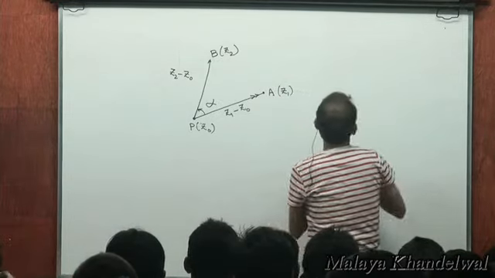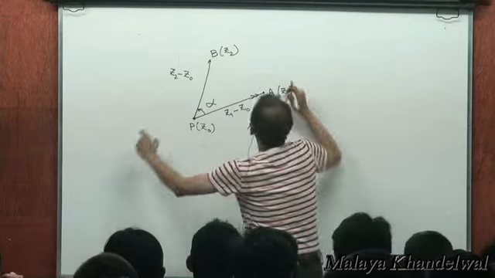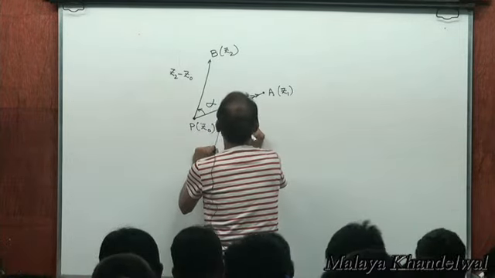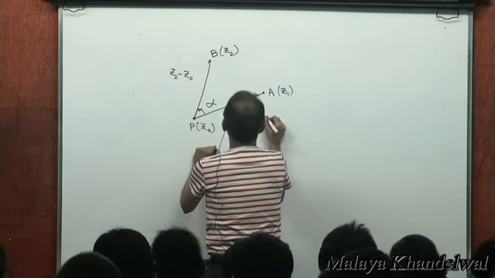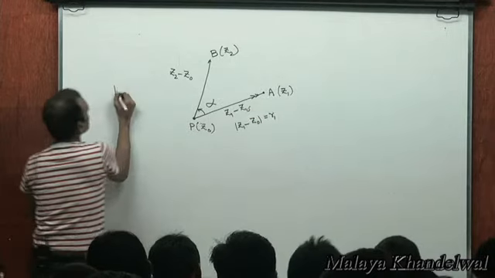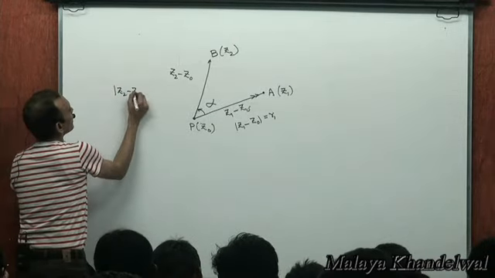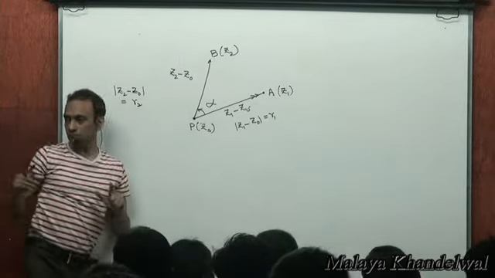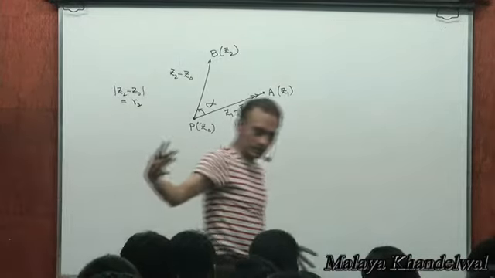First of all, there are two things. Let's say mod of z1 minus z0 is r1, which is the length of this vector, and mod of z2 minus z0 is r2, which is the length of this vector, the magnitude of the two vectors, right?